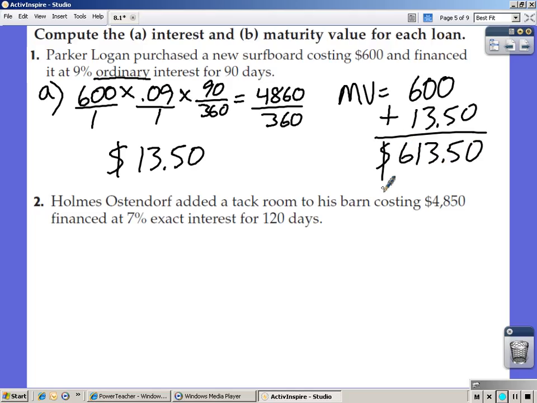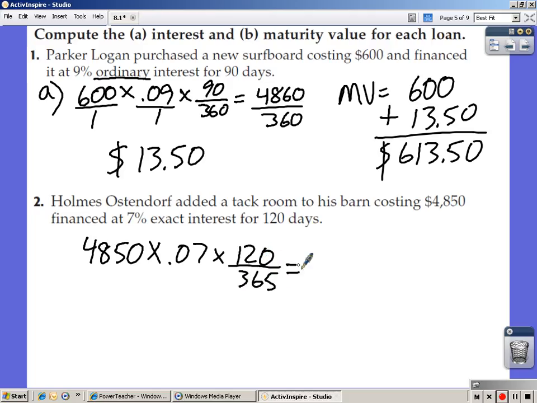Okay? All right, number two. Holmes Ostendorf added a tack room to his barn costing $4,850, financed it at 7% for 120 days of exact interest. All right.